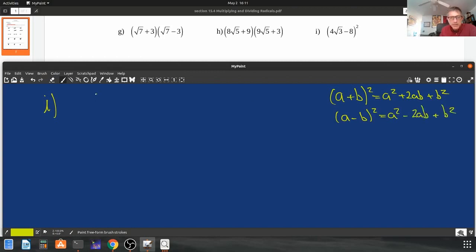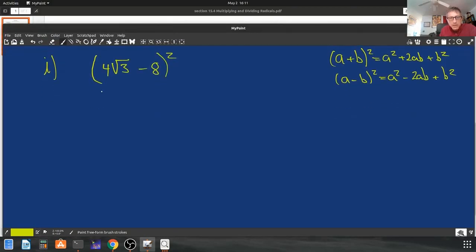So we're given 4 times the square root of 3 minus 8, and that's squared. So until you get used to it, it's absolutely fine to write a minus b squared is equal to a squared minus 2ab plus b squared. It's perfectly fine if you do that.